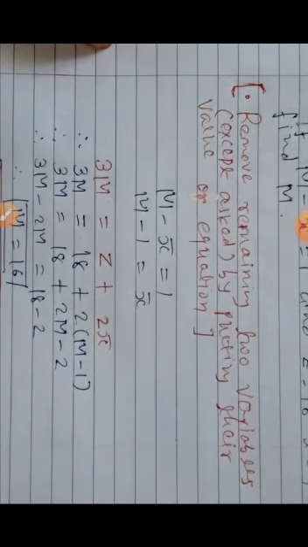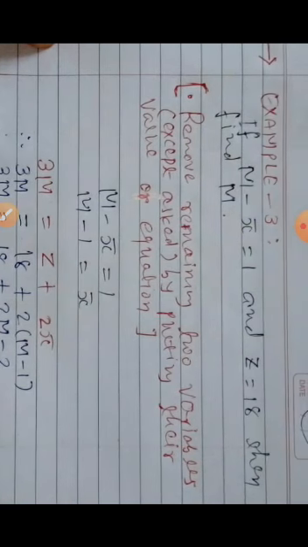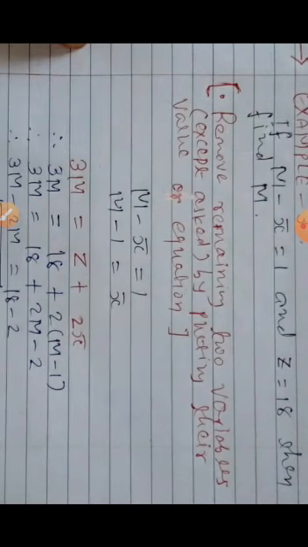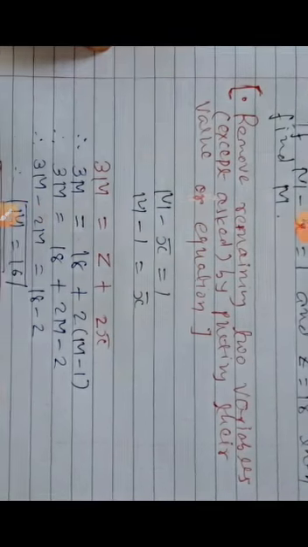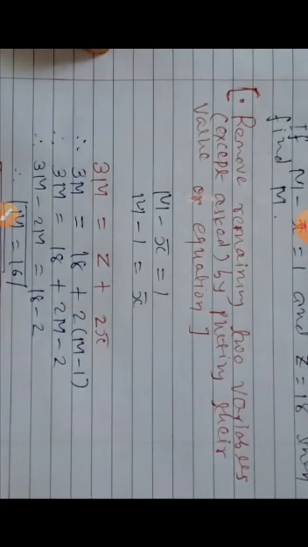Z's value is already given. X bar's value is not given, but its relation with m is given. So first of all we prepare its equation and then we place it in the formula. Then we simplify. So I think you understand all three cases well, so it will be useful in objective as well as in 2 marks questions.